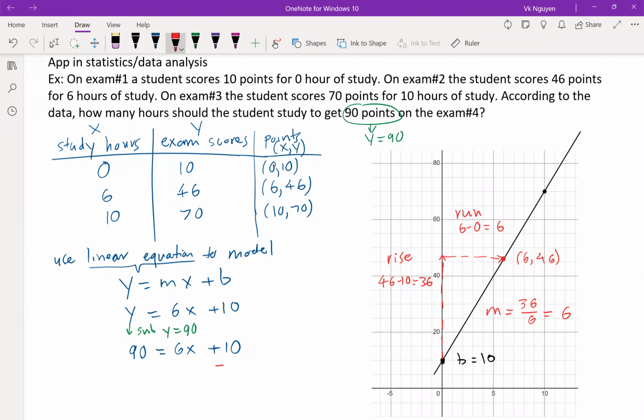Minus 10, minus 10. 80 equals 6x. And divide both sides by 6. That gets us x to be 13.33.